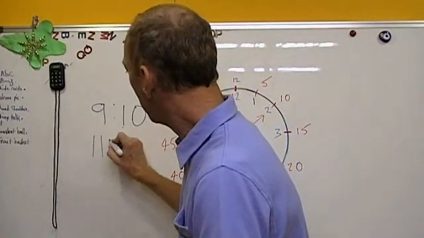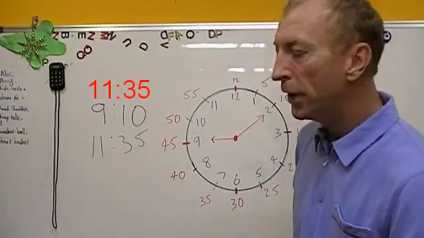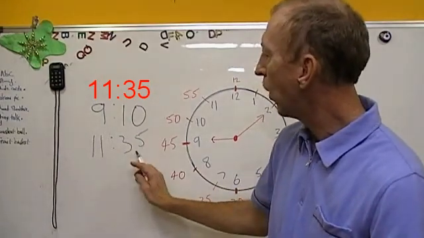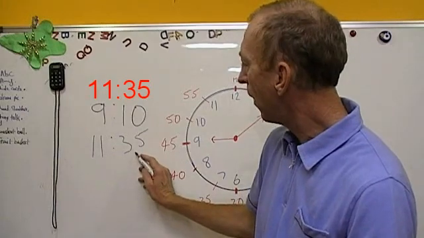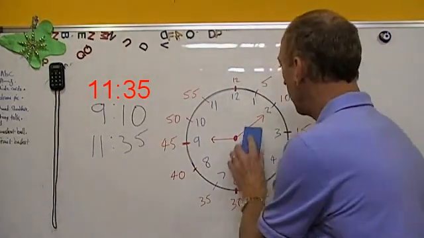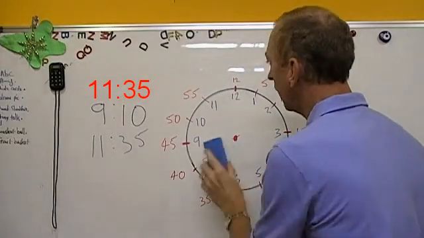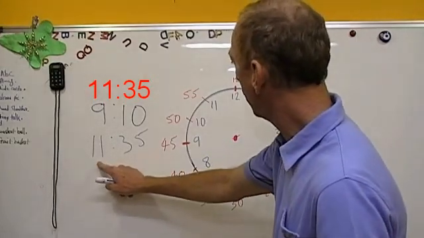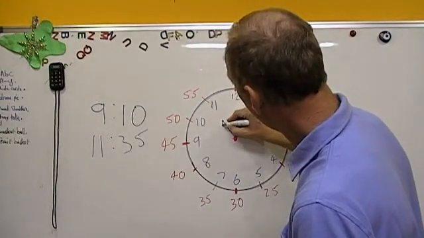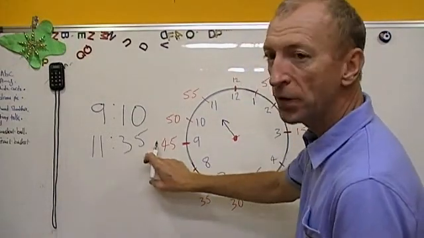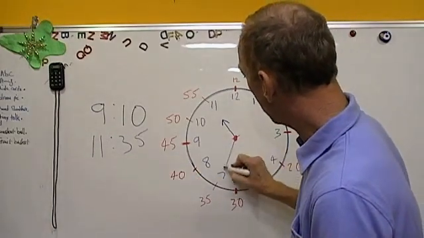Say this time. Again, we read from left to right. So we're saying 11:35. So if we look at our clock again, we start here 11, which is the small hand, points to the 11, and the number 35, which is down here, is the large hand.